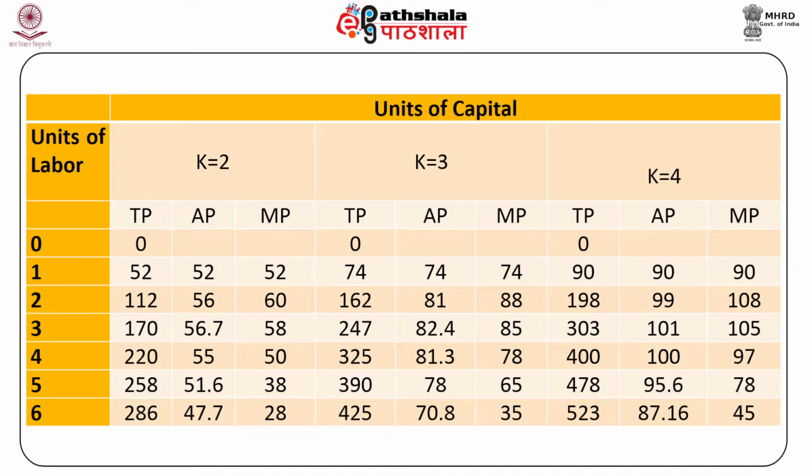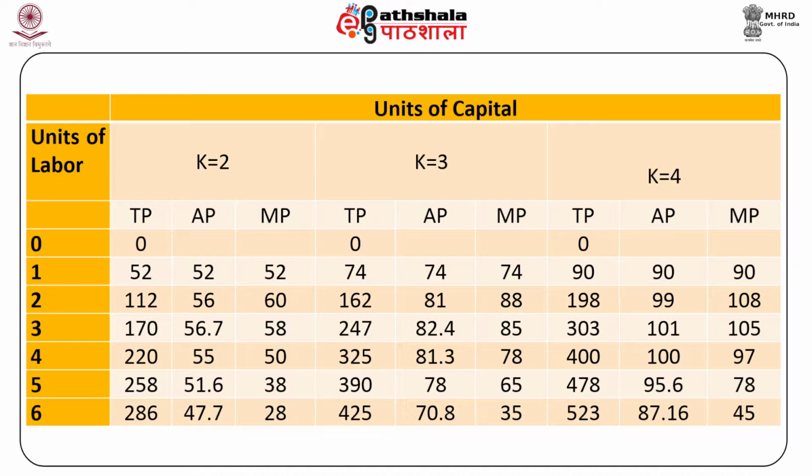However, note that when the amount of capital used is increased, total product increases at each level of labor usage. Also, since total product increases, the associated average product and marginal product also change at every labor unit with a change in the level of the fixed input. This is depicted in Table 1 below.